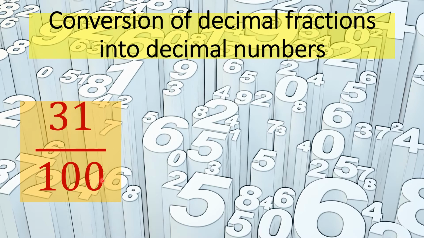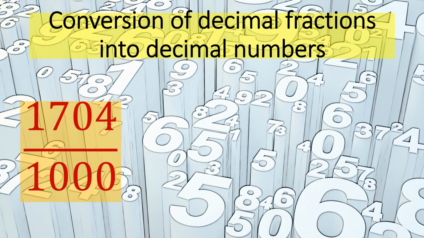Then what we will do, we will just count the zeros in the denominator. There are two zeros. So we will count two digits from the ones place, 1 and 2. So the two digits are 1 and 3. After this we will put the decimal point. It means 0.31. That is our decimal number.